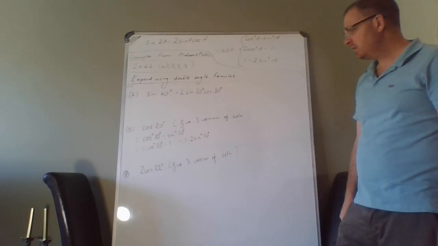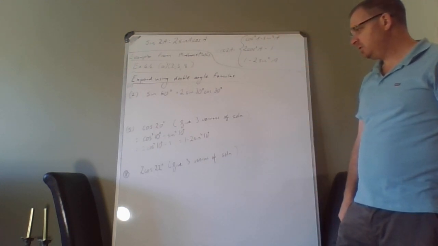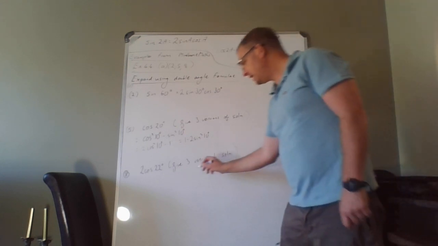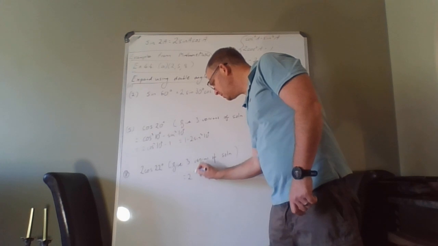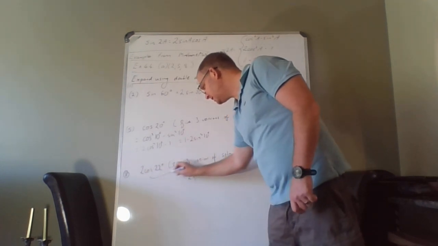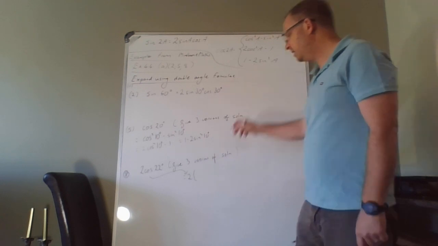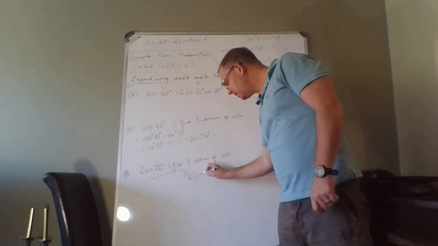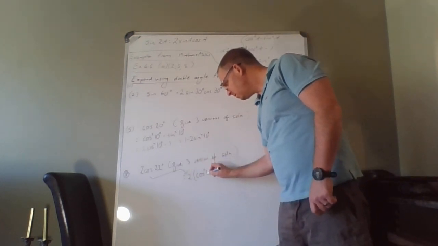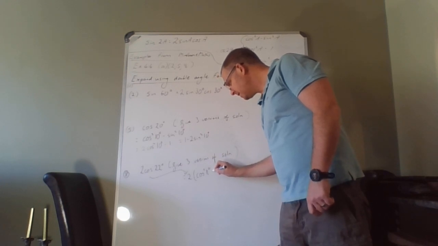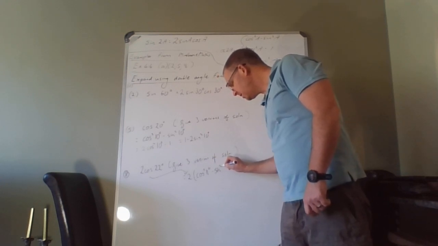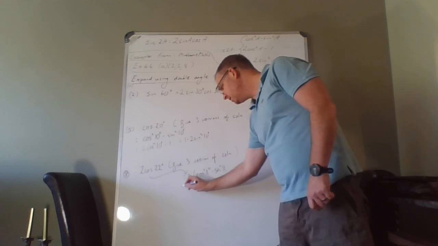Okay? Right, so 2 cos 22, if I give 3 versions of the same answer, well, again, it's going to be 2, just put that 2 outside the bracket. Okay, cos 22 degrees is going to be cos squared half of that angle, which is cos squared 11, minus sine squared half of that angle.